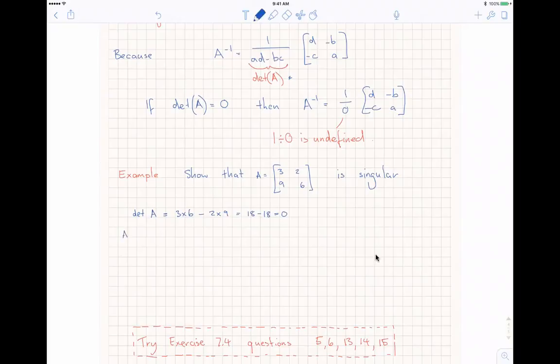We write a statement: the determinant of A equals 0, the inverse of A does not exist, therefore A is a singular matrix.